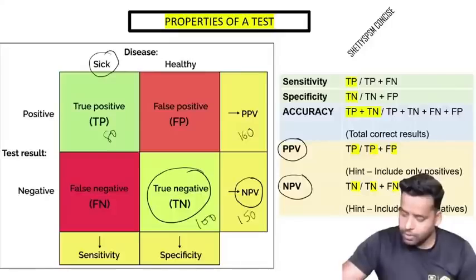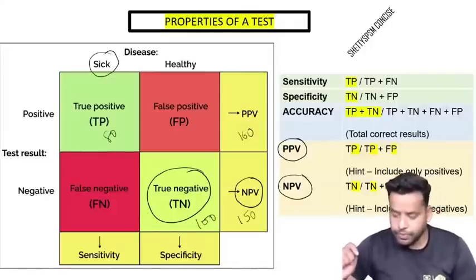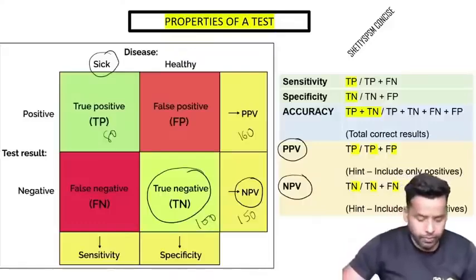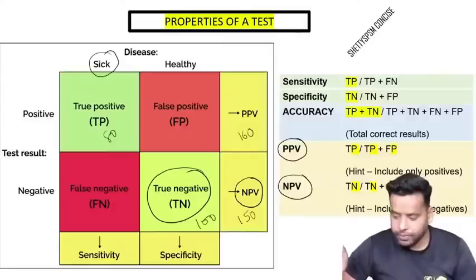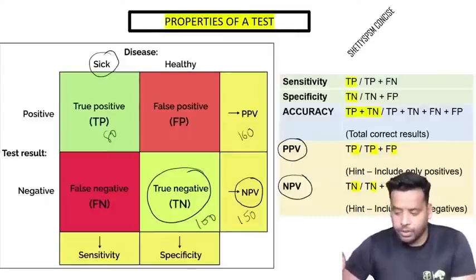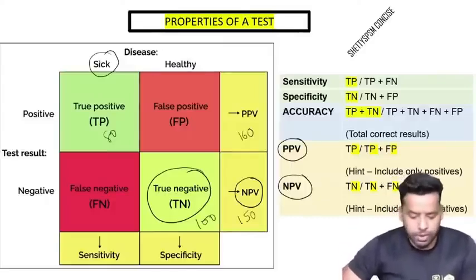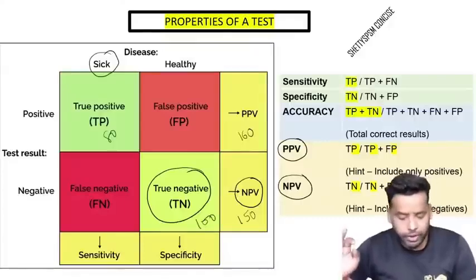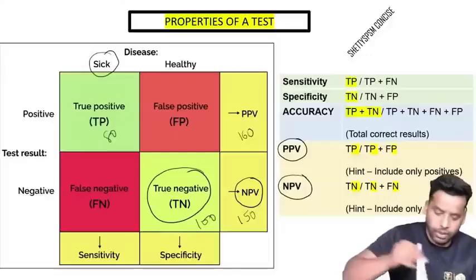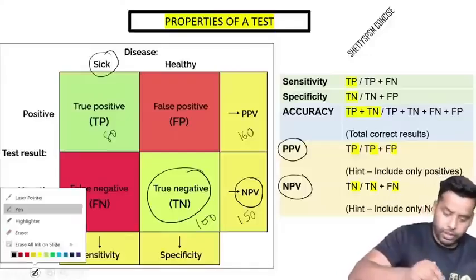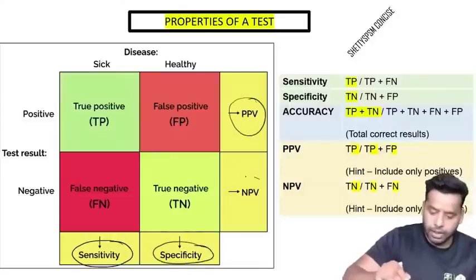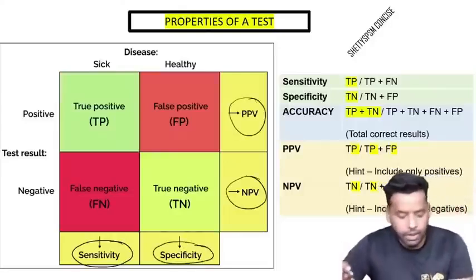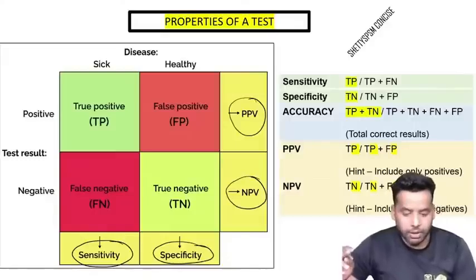Negative predictive value. So the diagnostic power of inclusion is positive predictive value. The diagnostic power of exclusion is negative predictive value. So always remember, when you go in columns, you get sensitivity and specificity. When you go in rows, you get PPV, NPV.